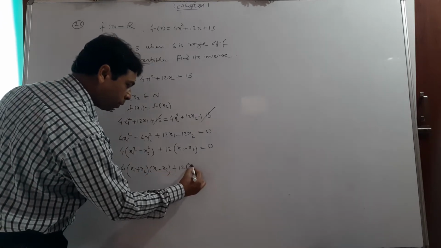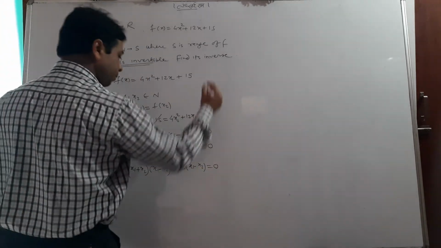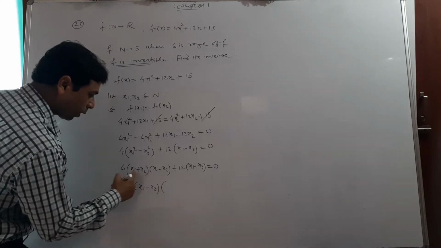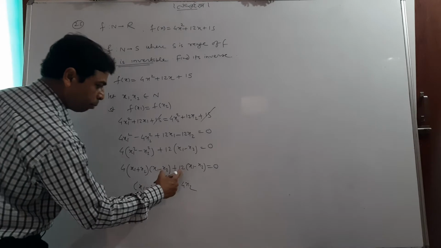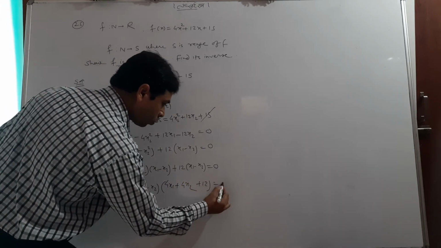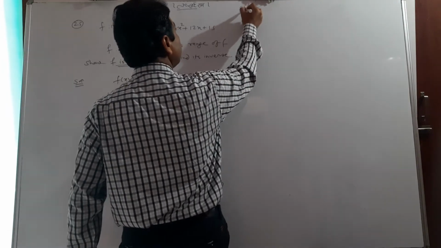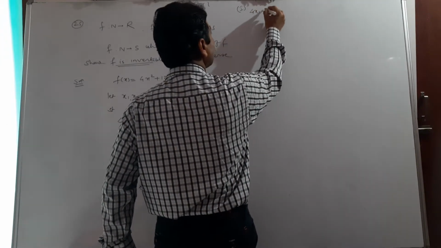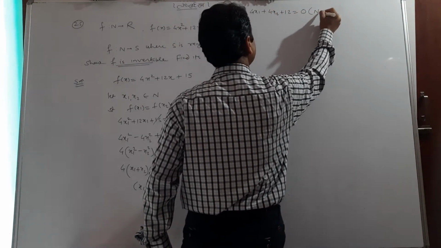plus 12 times x1 minus x2. Take x1 minus x2 common. What we are having? 4x1, directly I am writing, plus 4x2 and plus 12. So we have two options, but in the first option, 4x1 plus 4x2 plus 12 equal to 0 is not possible.